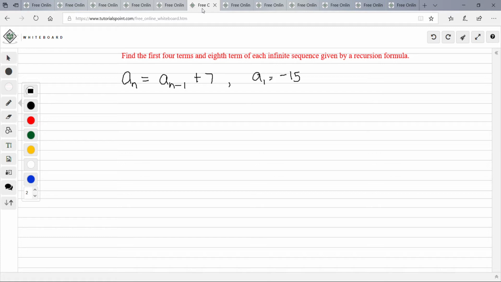Find the first 4 terms and 8th term of each infinite sequence given by the recursion formula.